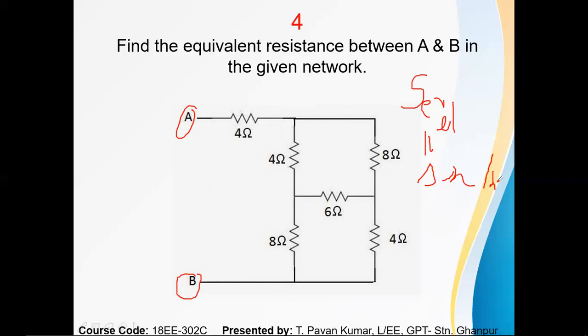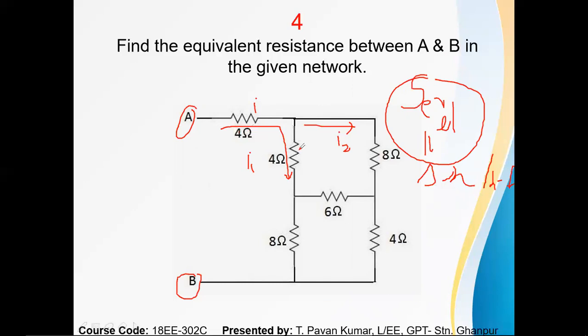Here, are this 4 and 4 in series? No, because the current is not the same in both resistors. Even though the resistance values are the same, the current I is going to be split into I1 and I2, hence both are neither series nor parallel, right?